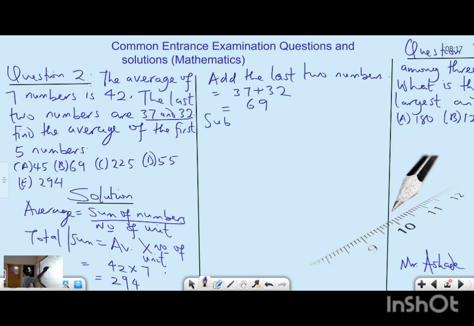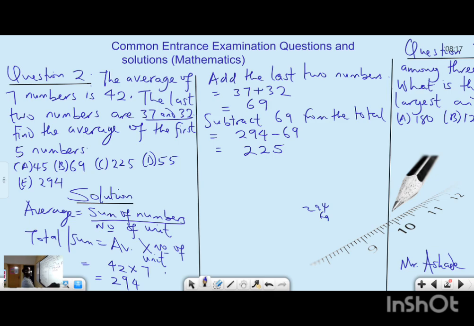The next step is that you subtract 69 from the total. So we have 294 minus 69, and by the time you subtract this will give us 225.